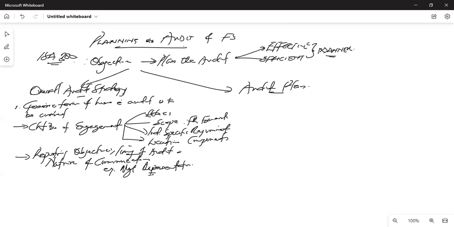Then another thing that the overall objective looks at is other significant factors. We are talking about preliminary engagement activities and the knowledge gained on other engagements. You bring them all together.